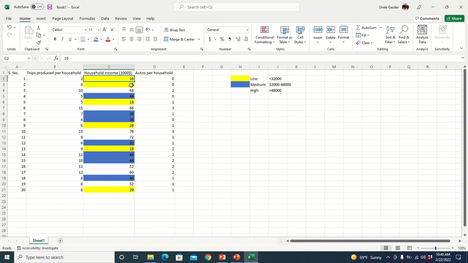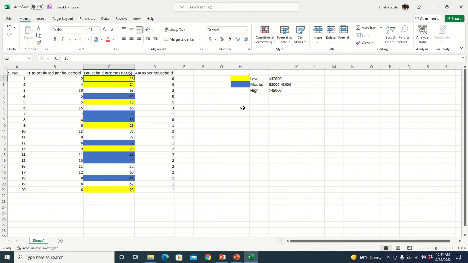Yellow ones are in the low income group, blue ones are in the medium income group, and the white cells are in the high income group. Now we will prepare a matrix that shows the percentage of households of a particular type in the sample.